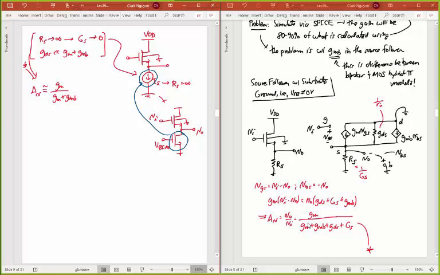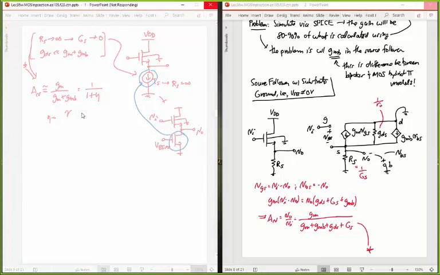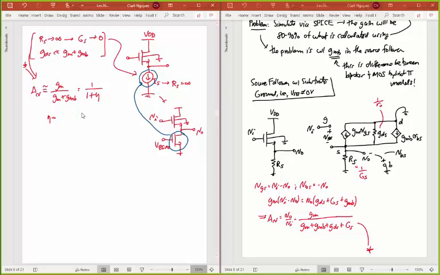That looks like an M. Okay, which often is written as, and you'll see this, 1 over 1 plus eta, where eta is equal to gamma, which is that body factor that you had in your threshold equation, divided by 2 times the square root of VSB, that DC bias voltage VSB, plus 2 phi f, where you can see that these elements here come from the threshold voltage equation.